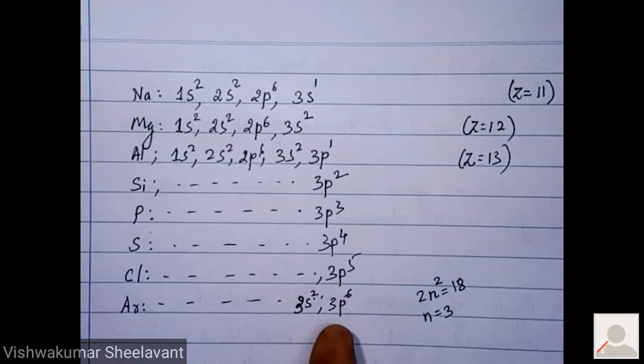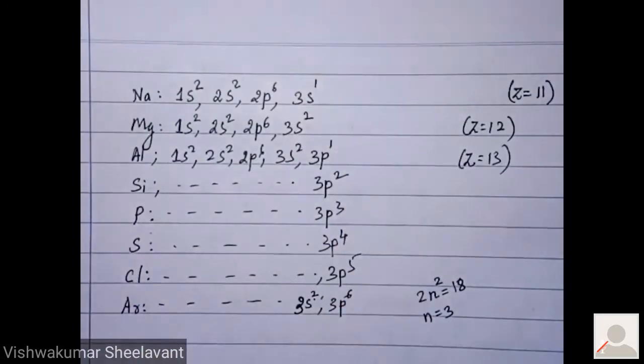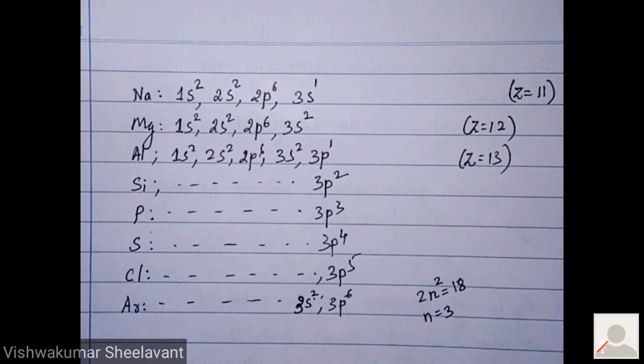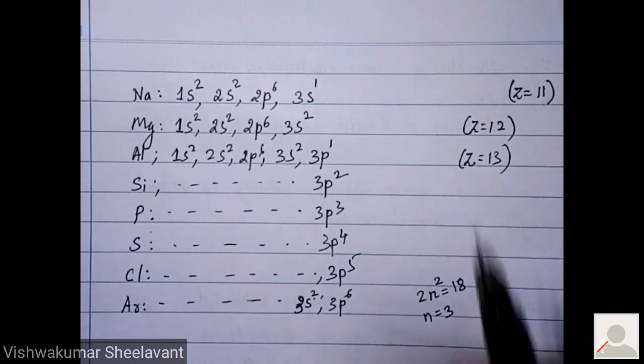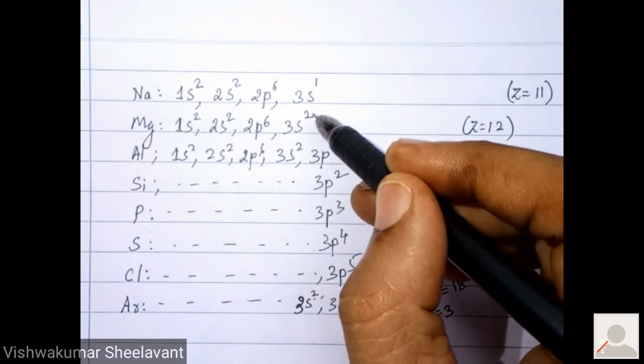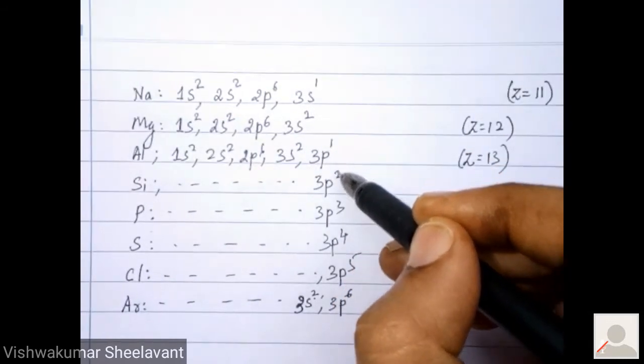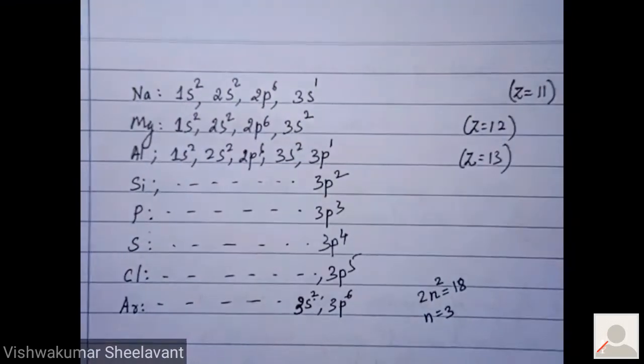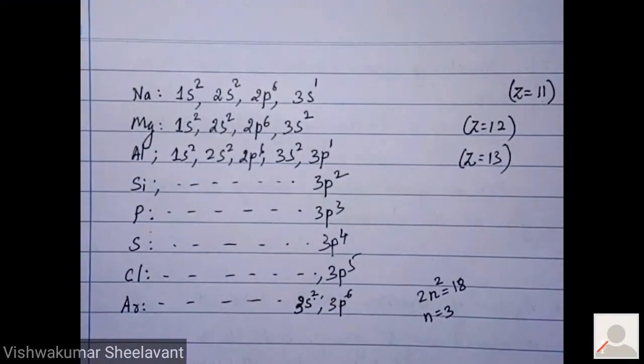The outermost shell should not have more than 8 electrons. So once 8 electrons are filled, you have to stop there for the outermost orbit. So these are the electronic configurations for all the elements that they have given in your textbook. And you can see in the outermost orbit, the number of valence electrons is increasing by 1. Right? Have you understood?